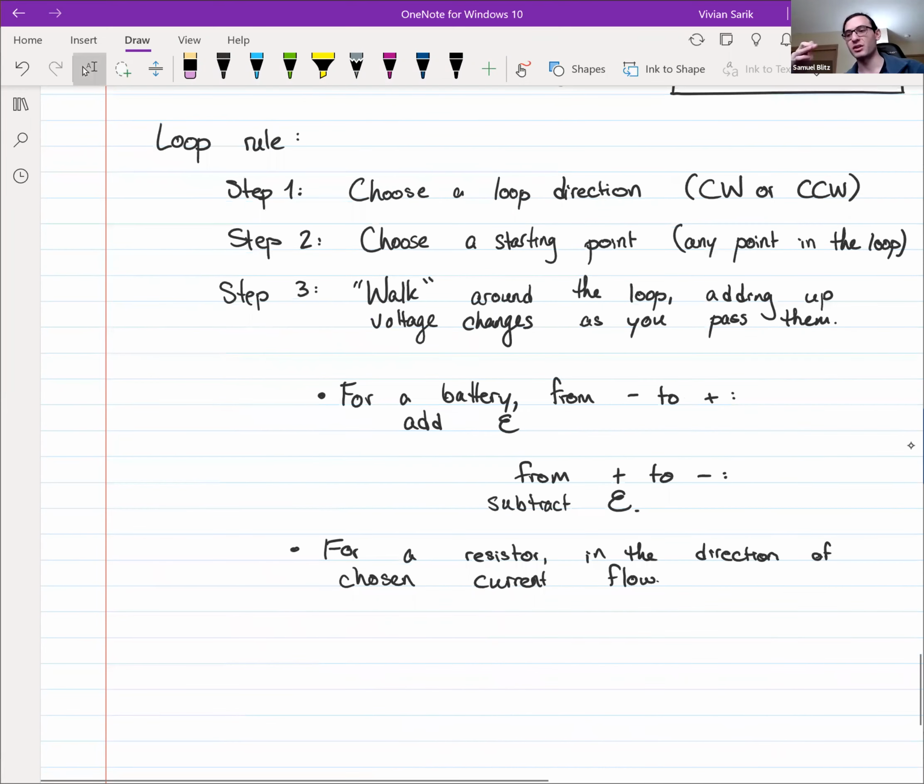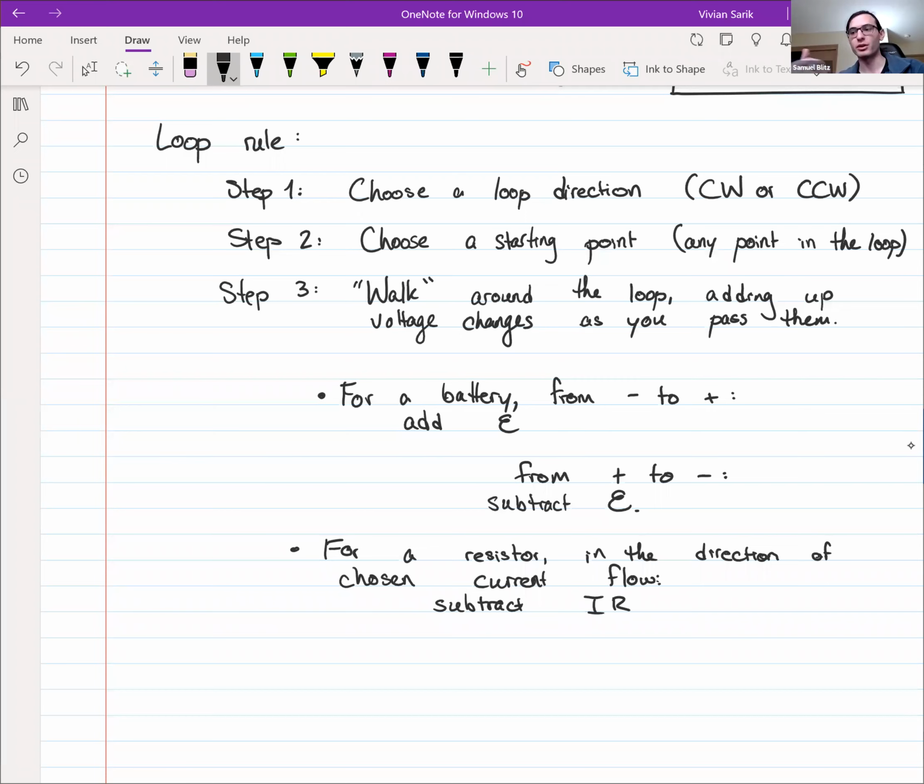If you pass a resistor in the direction of current flow, then you subtract IR. That's because we know how much the voltage changes by for a resistor. It's the current times the resistance. That tells you how much the voltage decreases by, so that's why we subtract IR.